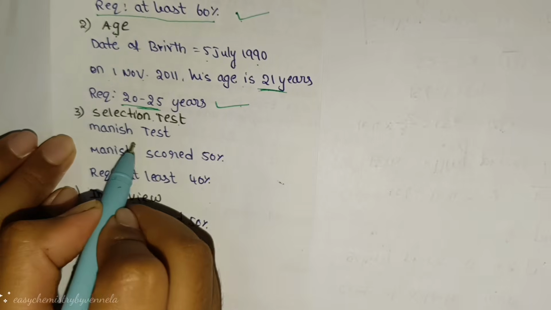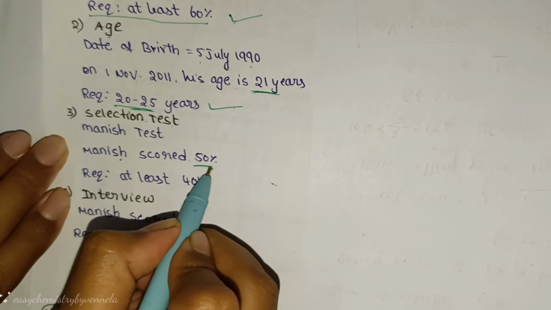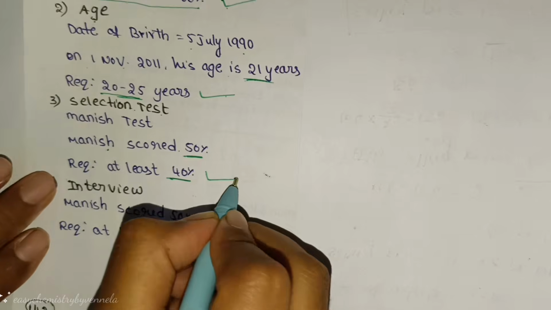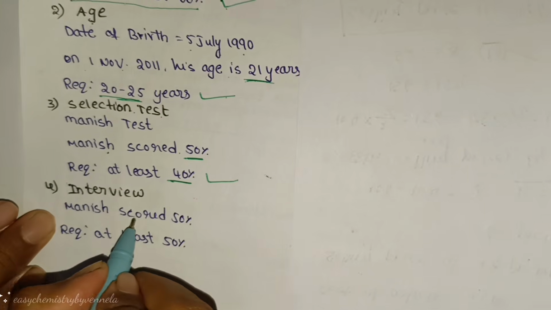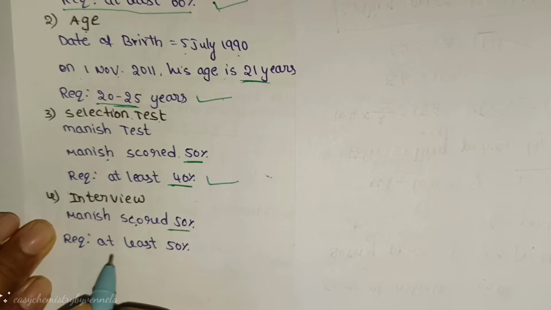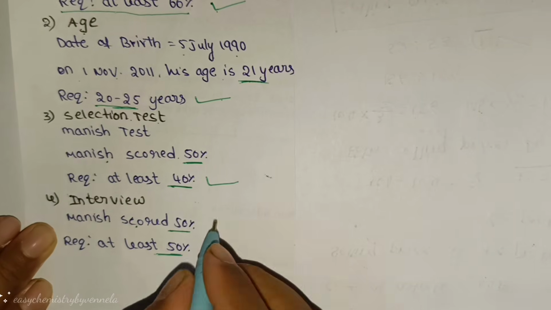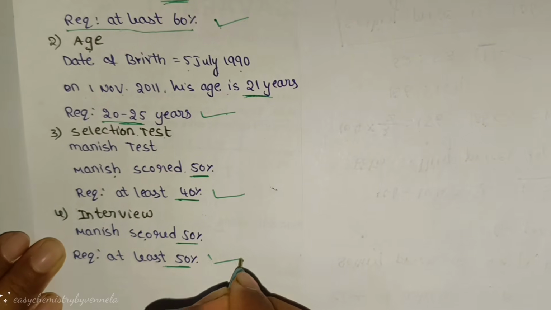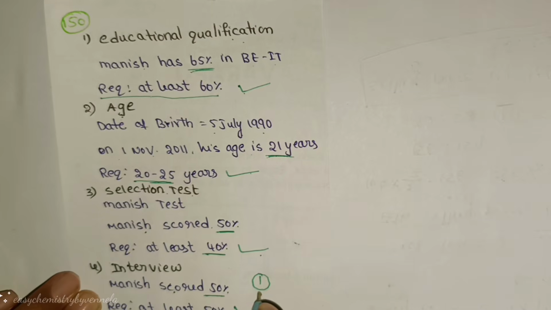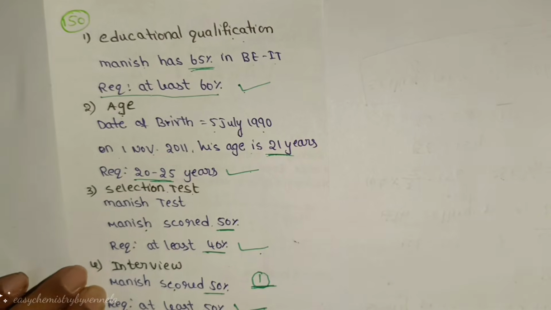Next, selection test. Manish scored 50%. What is required? 40. This is also sufficient. Next, interview. Manish scored 50%. Required is at least 50%. So this interview is also sufficient. All are sufficient, so the candidate is to be selected. The first option is the correct one.